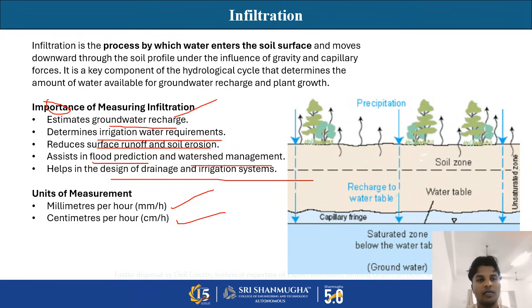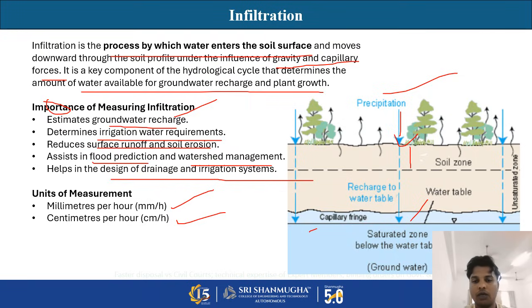Already we discussed that it's a process by which water enters the soil by gravity and capillary forces. So it determines the water available for groundwater recharge and plant growth. Here you are given a picture for understanding. Precipitation occurs above the surface, shown by the arrow. Then the water enters the soil zone and reaches the water table.